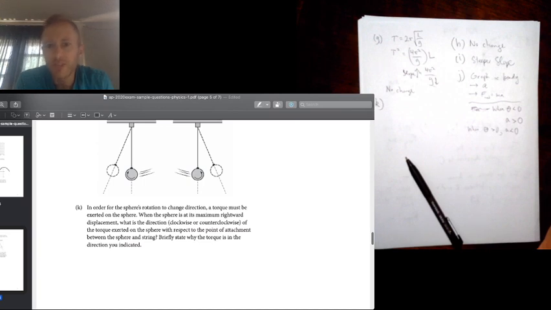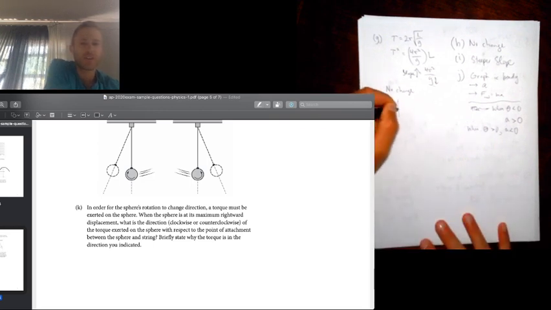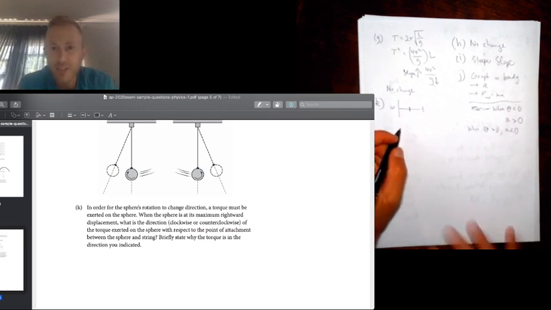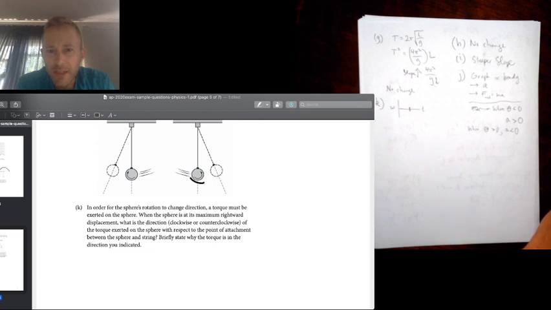It was swinging to the right. So basically, as it was swinging to the right, I'm going to draw a graph of omega versus time. Okay? And let's suppose that this is the time at which it reaches its maximum rightward swing. So as it was swinging to the right, we can see that the angular velocity is in the counterclockwise direction.